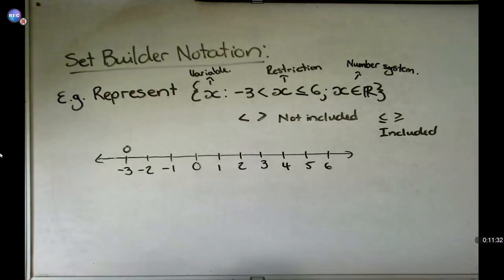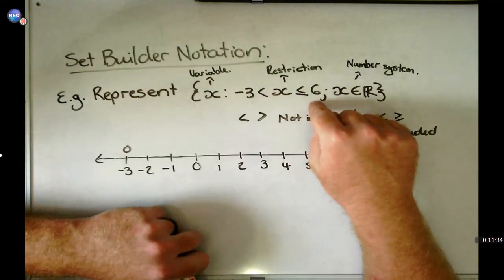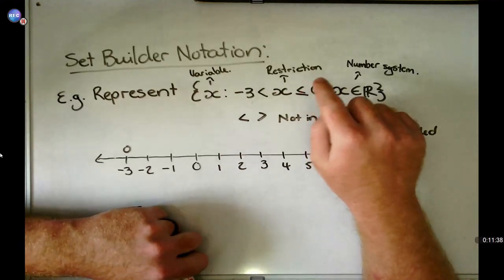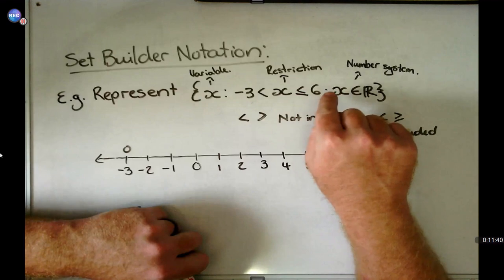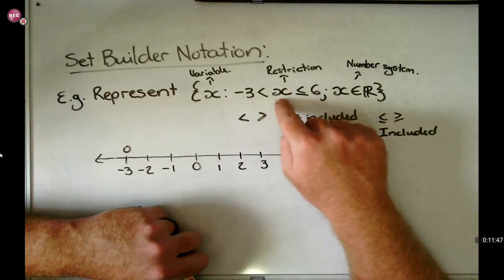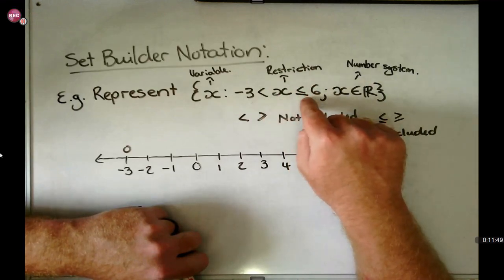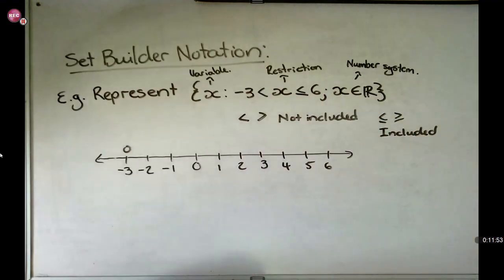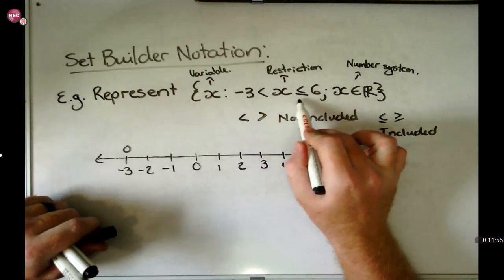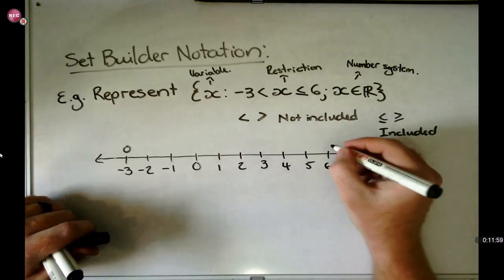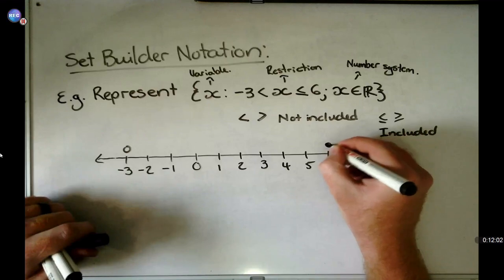Then we go to the 6. Now with the 6, the sign is open to the 6. But the other thing that it has is this little line here that says that it is bigger than x, but it is equal to 6. So, because it has this symbol over here, it is included. So inclusion tells you that it has to have a colored in dot.